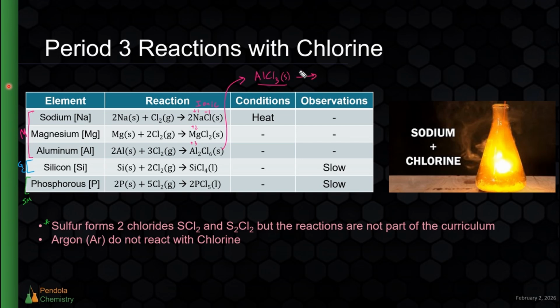Aluminum creates a dimer with chlorine that we saw earlier in the year. Aluminum creates the Al2Cl6 dimer when it reacts. So even though these are all metals, we do need to keep in mind that aluminum forms a dimer with chlorine, forming that Al2Cl6 instead of the AlCl3 we would expect normally.